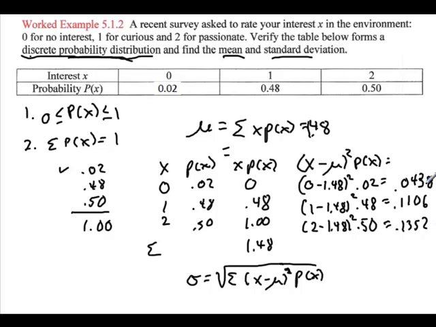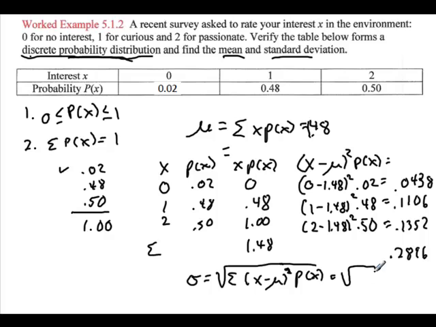And when I do, I get 0.1352. You might say, well, why are we going to 4 decimal places? And the reason why is because we're going to end up adding all of these and taking a square root. So I don't want to round too early and then round again when I do my square root. So if I add up all of these, and you should confirm this, 0.0438, 0.1106, 0.1352, adds up to 0.2896 approximately.